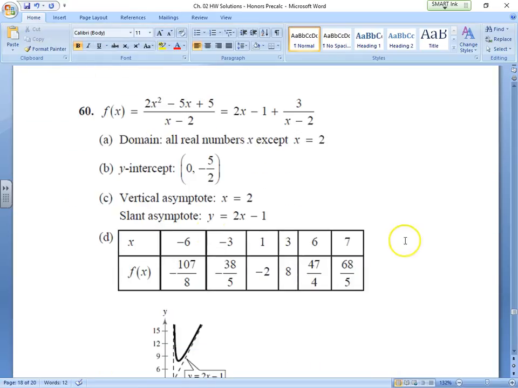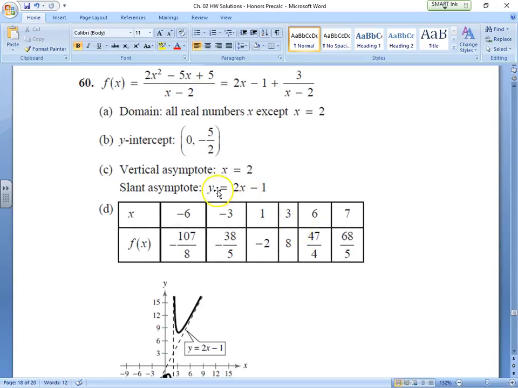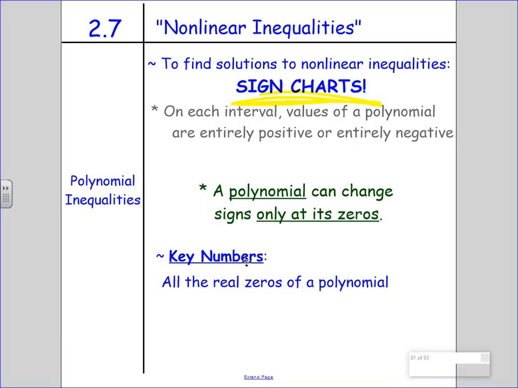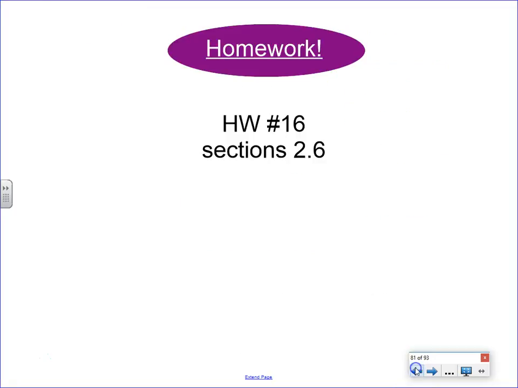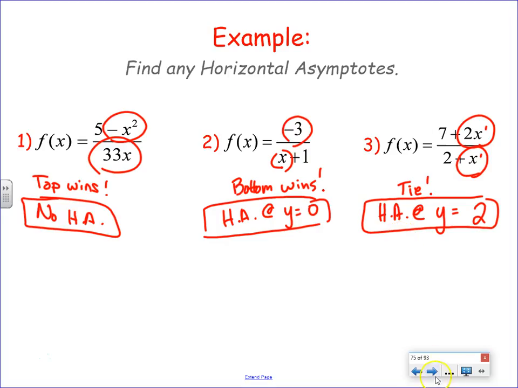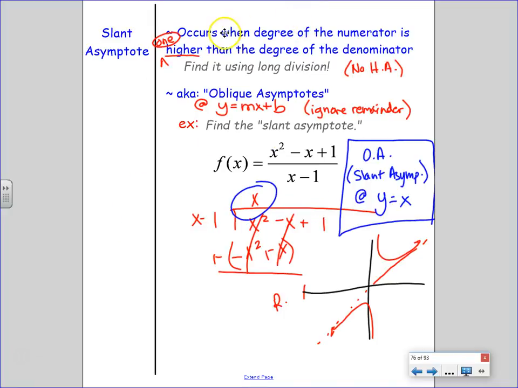Okay, number 60. Doesn't that look kind of like the other one we just did? Oh no, we didn't review this today, guys. What's a slant asymptote? And when does it happen? We did it quick yesterday.